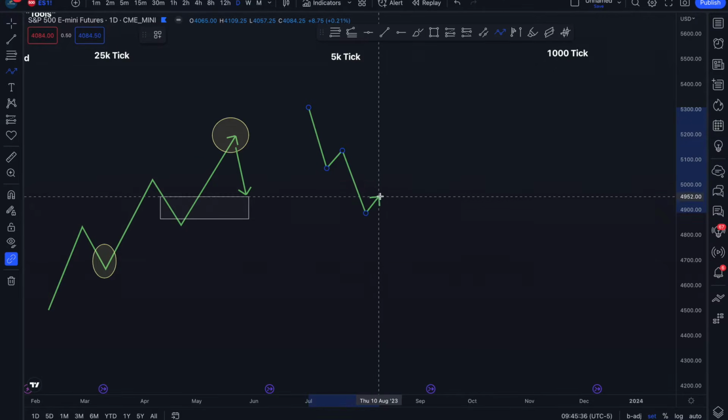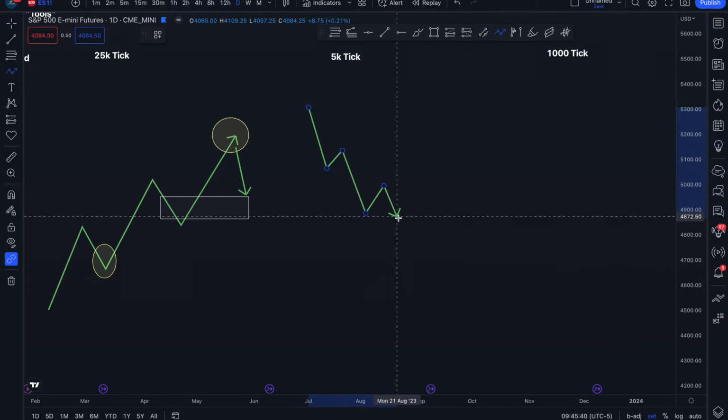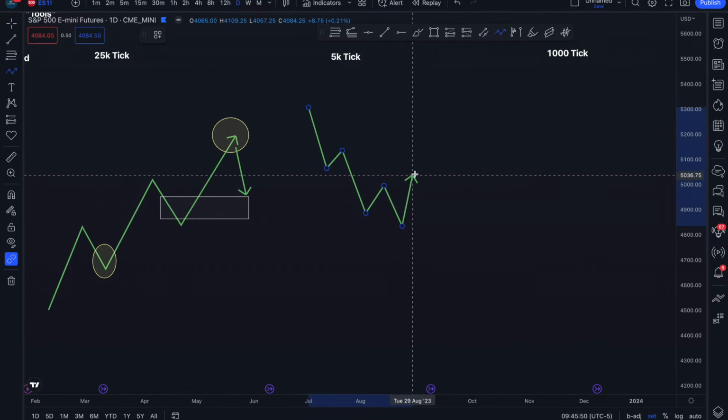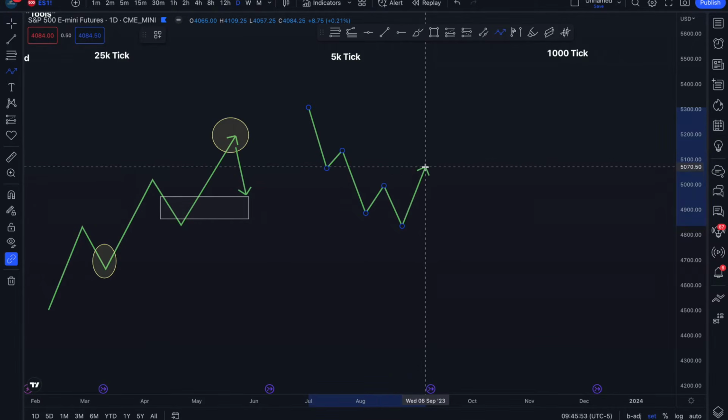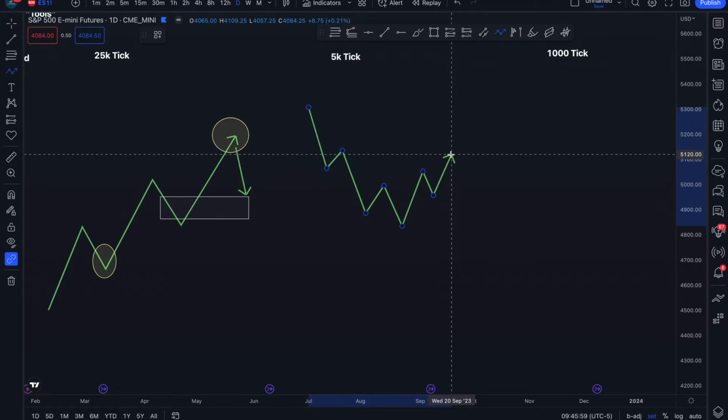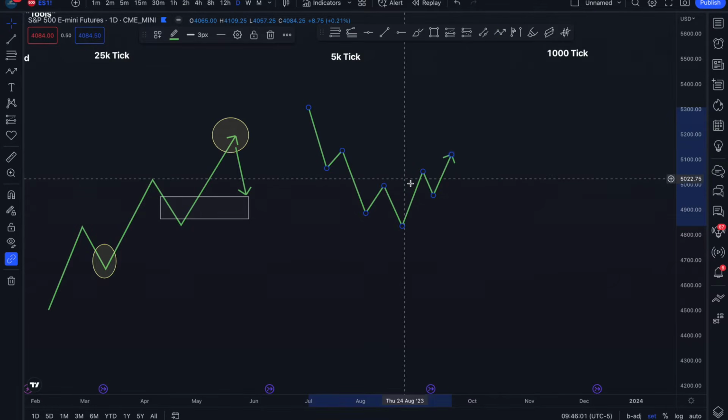And then as it gets into that area, we're going to be looking for structure to change. So I want to look for this high right here, this last swing high, this last lower high to get broken. Once that happens, what I'm going to tend to look for is my first entry.